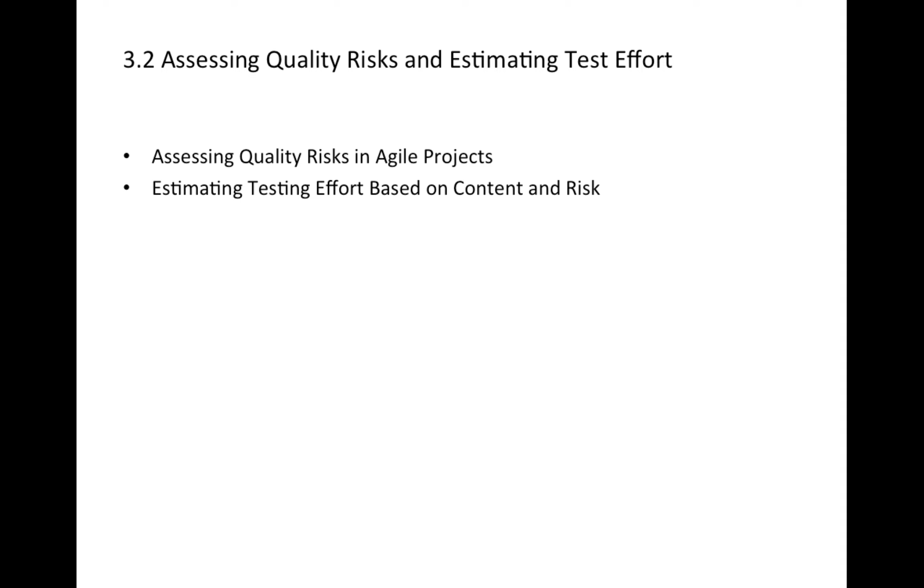Just a quick recap on this. In an Agile project, quality risk analysis takes place at two different places, as part of assessing quality risk. One is release planning, where the business representative who knows the features in the release provides a high-level overview of the risk, and the whole team, including testers, may assist in the risk identification and assessment.